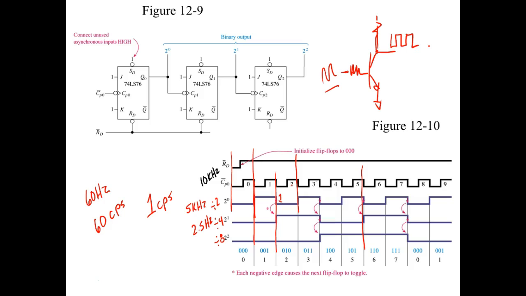Basically the 2 main categories of counters we have are BCD counters and what we call binary counters. A binary counter, you let it run to its maximum modulus. A BCD counter, we only let it count from 0 to 9.